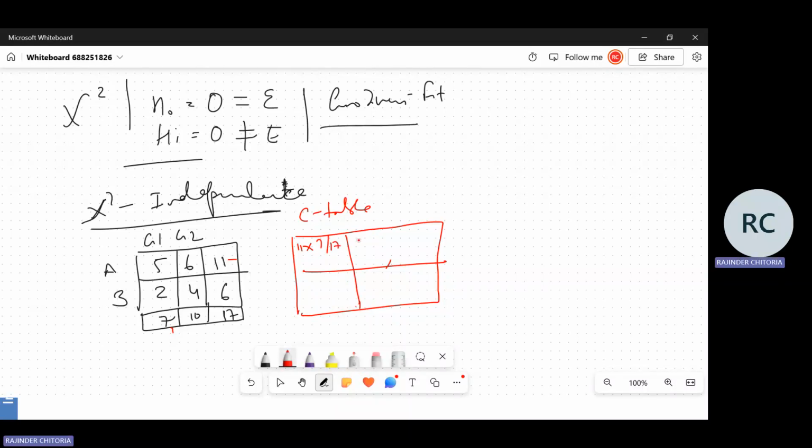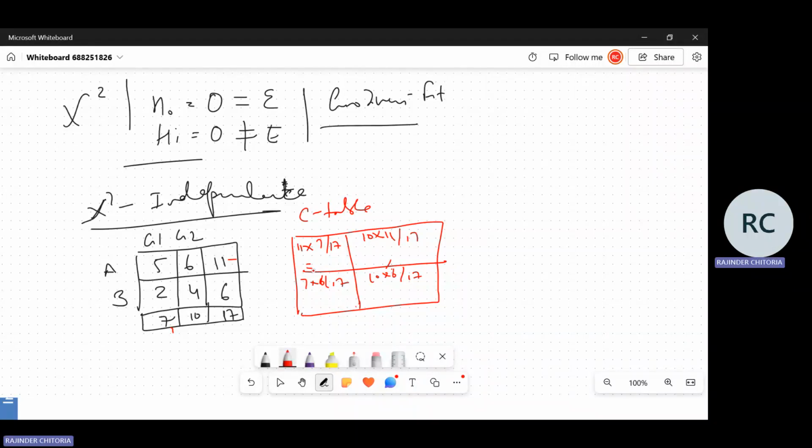Here we write 10 into 11 divided by 17, or you can shuffle it. In this case we say 7 into 6 divided by 17 and 10 into 6 divided by 17. So we are getting some values.